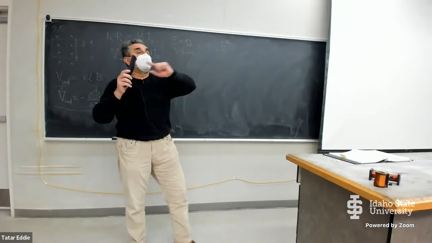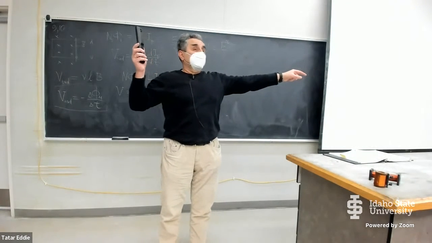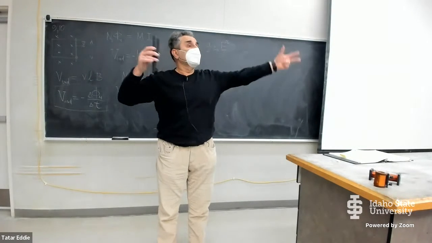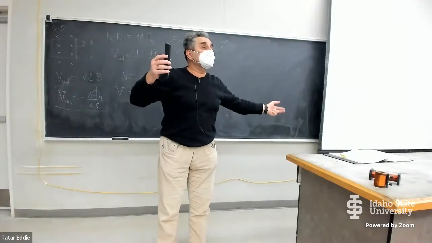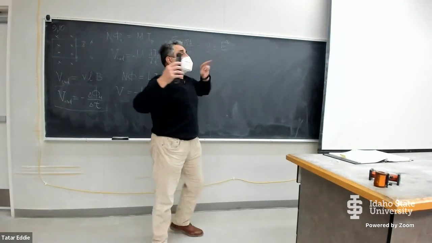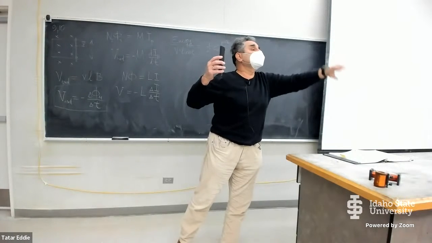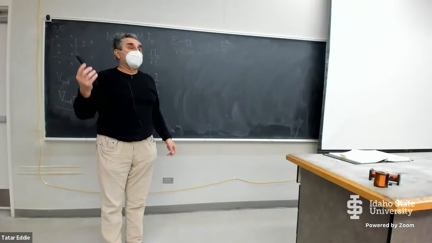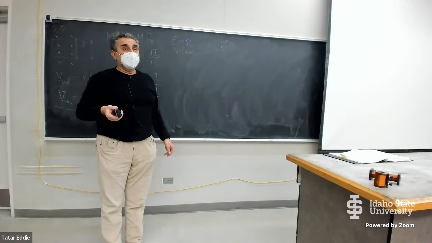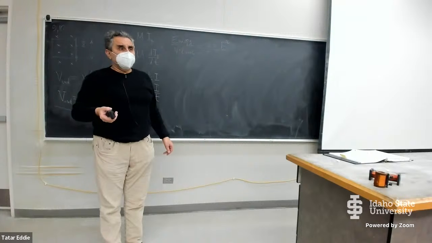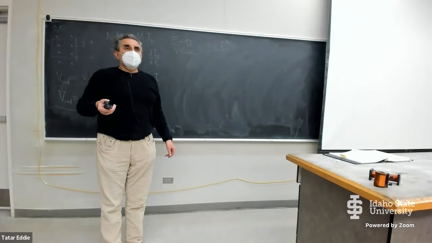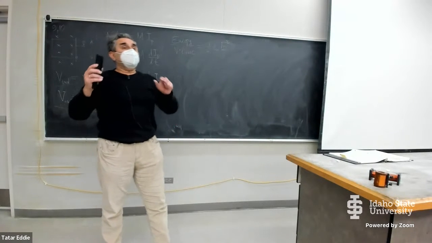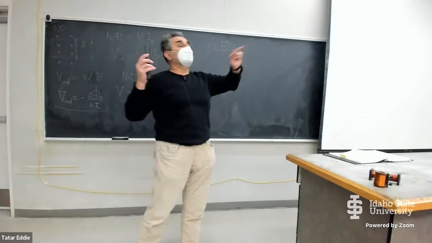Of course, the further you go away from the source of the electric field, the weaker the electric field is going to be. So E is going to drop, and the energy density is going to drop as you go farther away from the source. We also looked at the case when the electric field doesn't drop as you go away from the source.